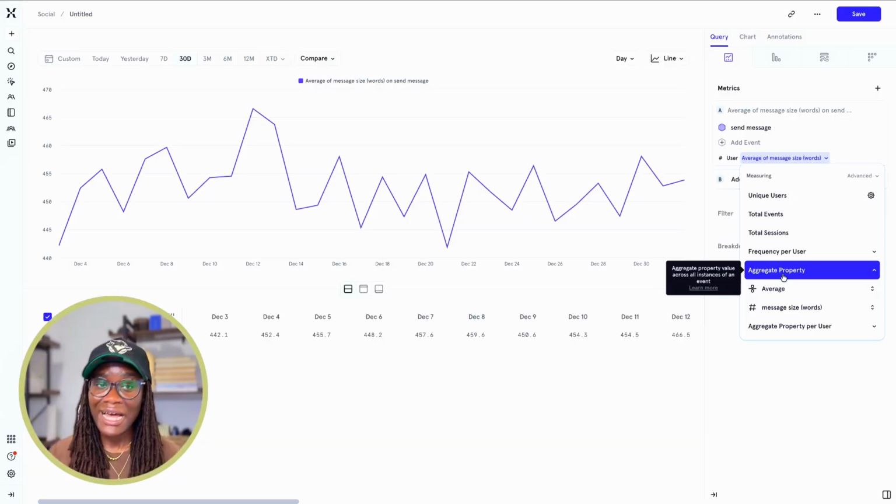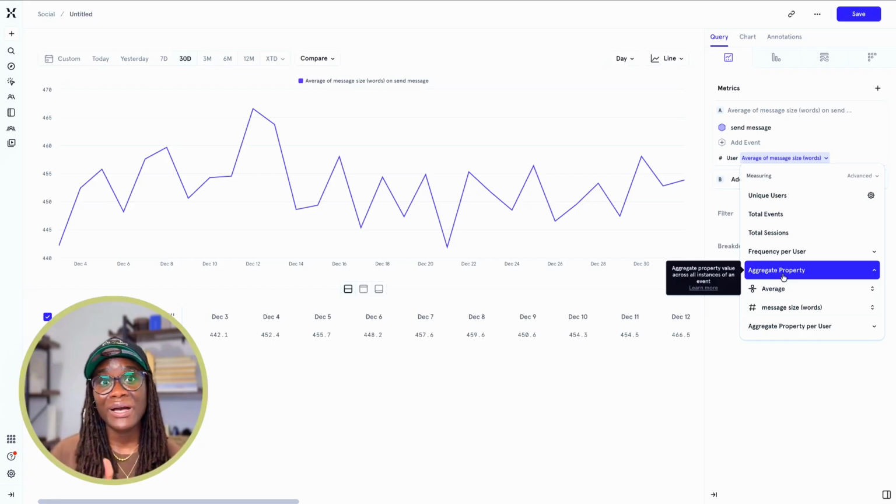These two aggregates are basically ways to summarize or roll up numeric properties for an event. With aggregate property, we are able to only summarize or roll up based on the number of times that that event was carried out and the numeric property that is associated with that event. We use the illustration of sending message and the word count for each message that was sent.